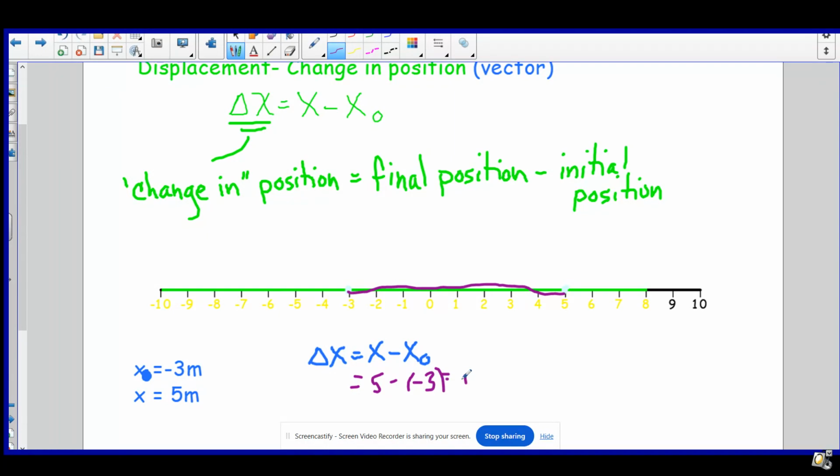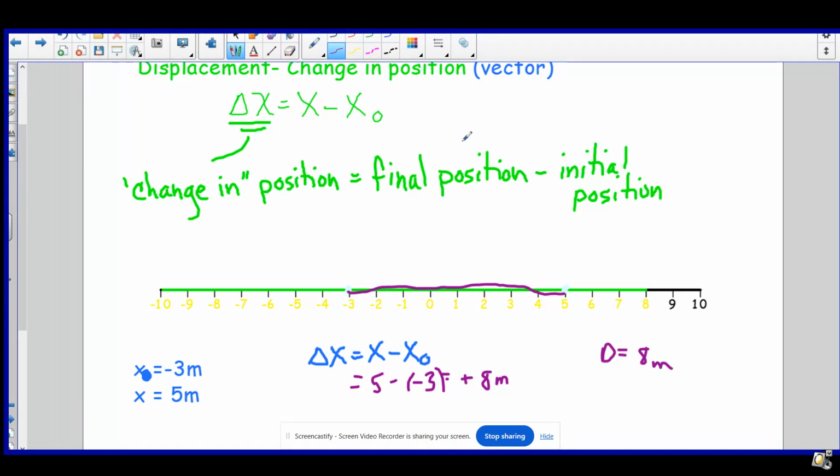So we know, and I'm keeping the positive here, because I know that this object moved 8 meters to the right, or in the positive direction. I would also say the distance that this object traveled was 8 meters. If I went in a straight line from -3 to +5, I've traveled a total distance of 8 meters.